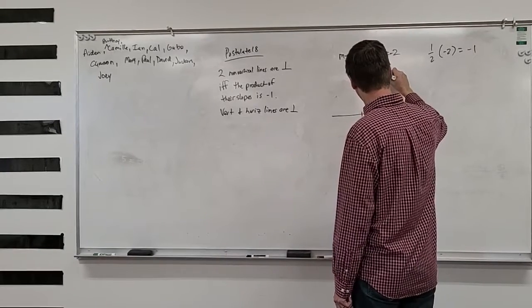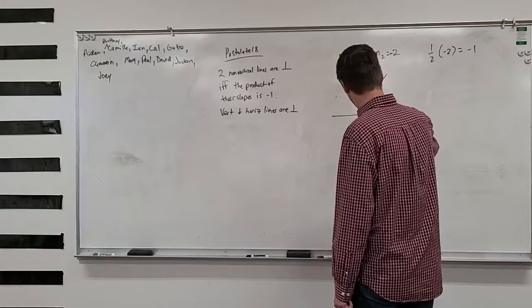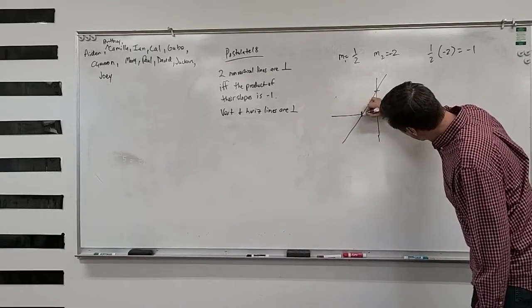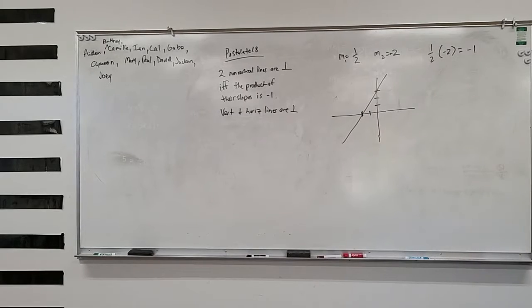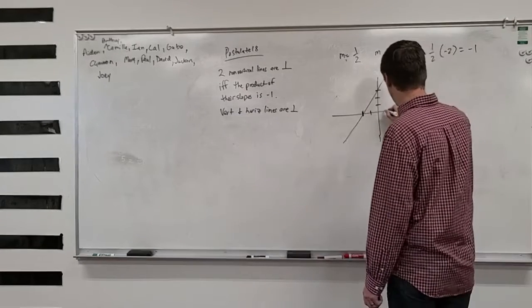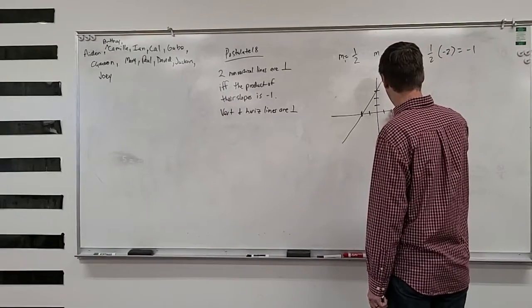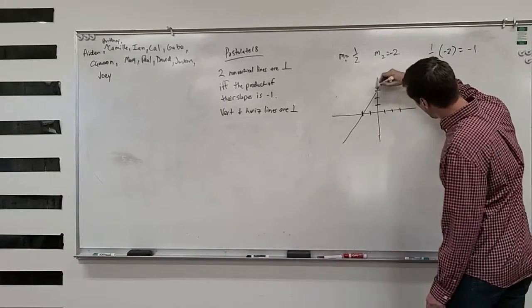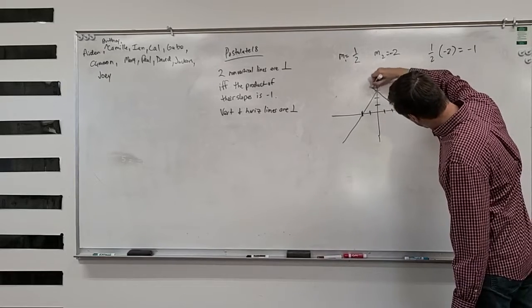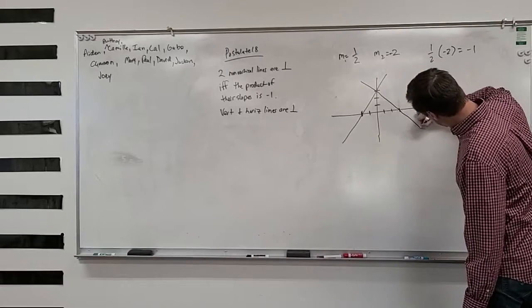So we've got a line that's going through like that. And then I've got another line that's at 3,1. Goes through like that.